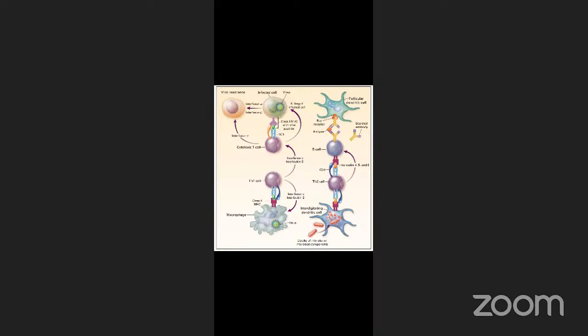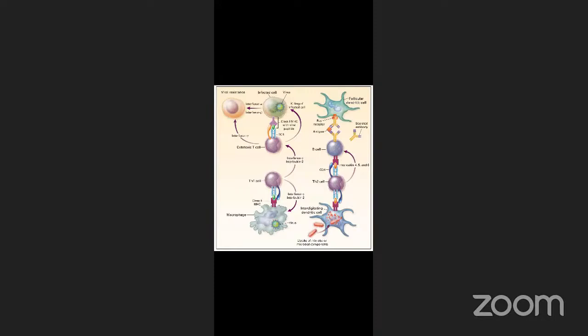Again, this cytotoxic T cell releases the interferon gamma, and this interferon gamma goes and binds with other healthy cells, other than infected cells, healthy cells of the host body.